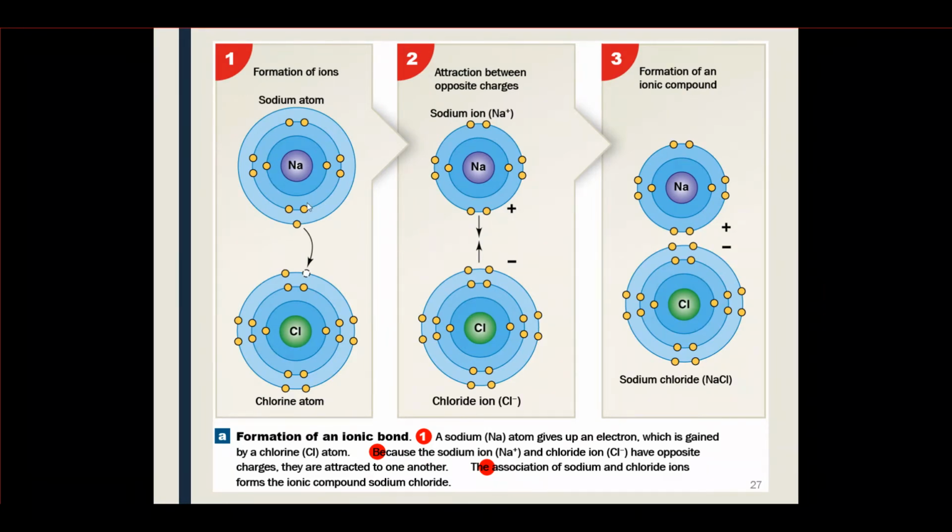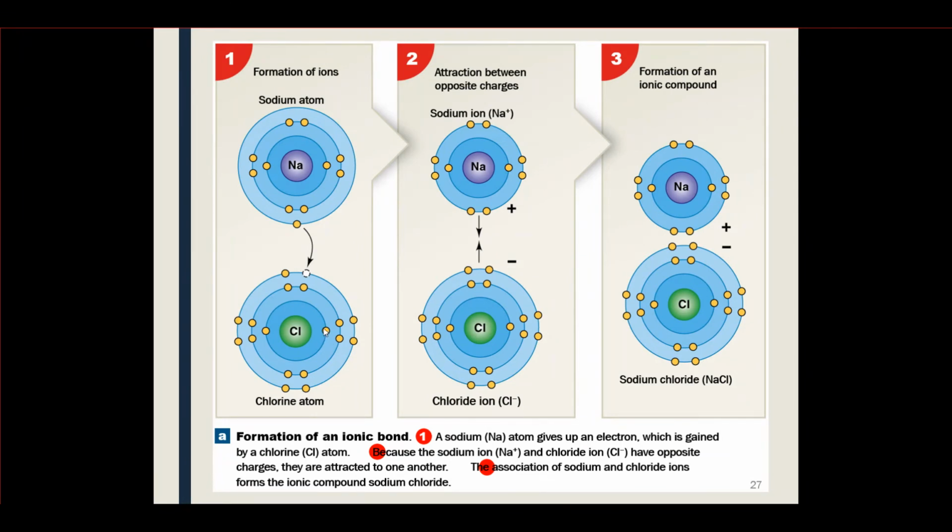Then 3, 4, 5, 6, 7, 8, 9, 10, so that's 8 in the second shell. The second shell can't handle any more, so the 11th one is in the third shell. So we said previously, in order for sodium to be stable, it can either gain 7 or lose 1. And we saw on the previous slide, it's going to lose 1.